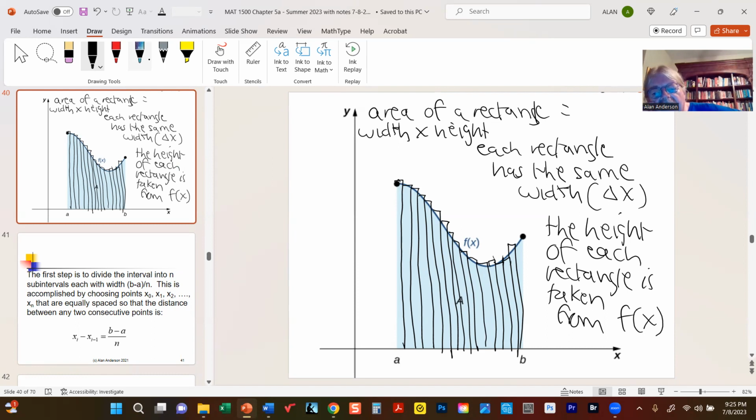And in the limit, when the number of rectangles goes to infinity, the delta x's are converging to 0. And when we reach that point, the sum of all these rectangles will exactly give us the area under that curve. And so integration is the sum of an infinite number of rectangles. That's what it is.